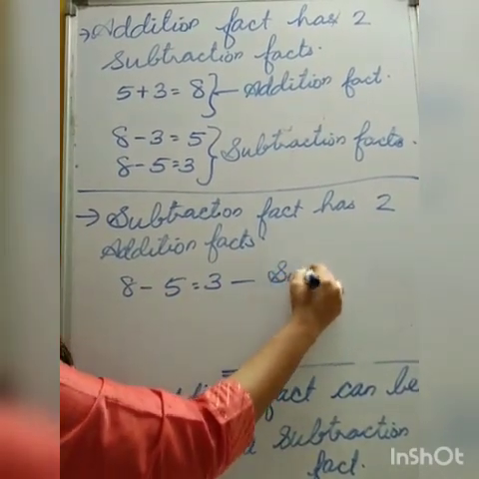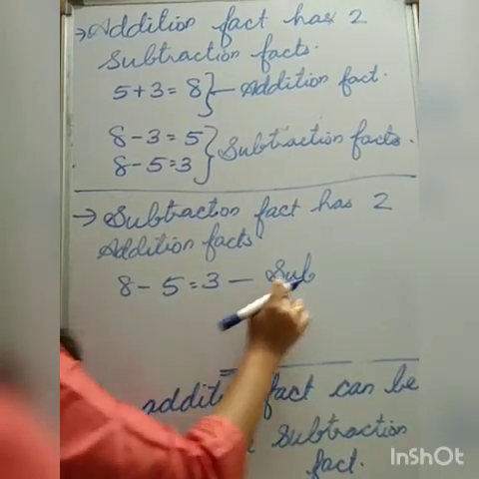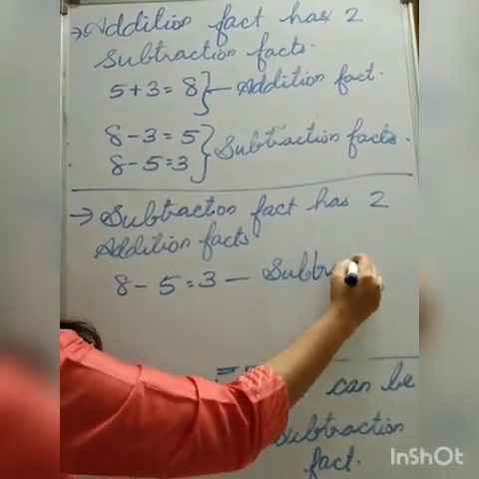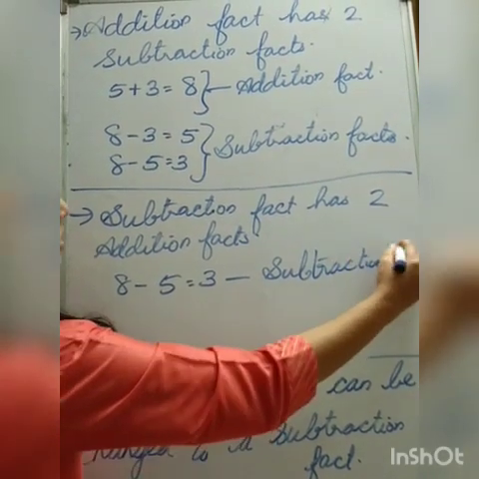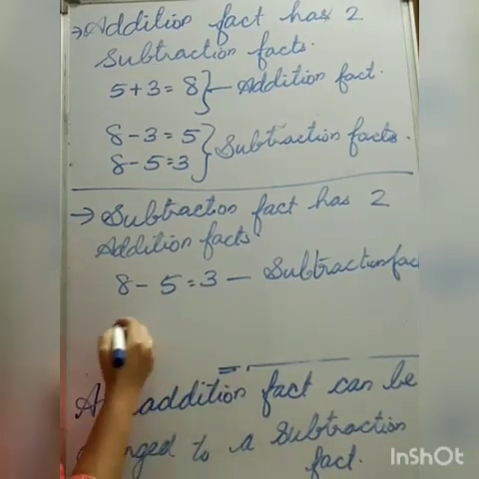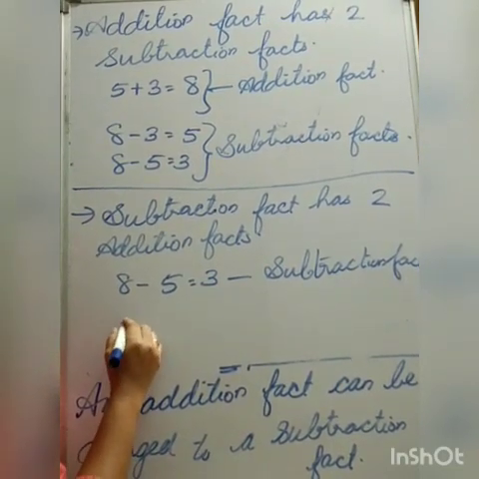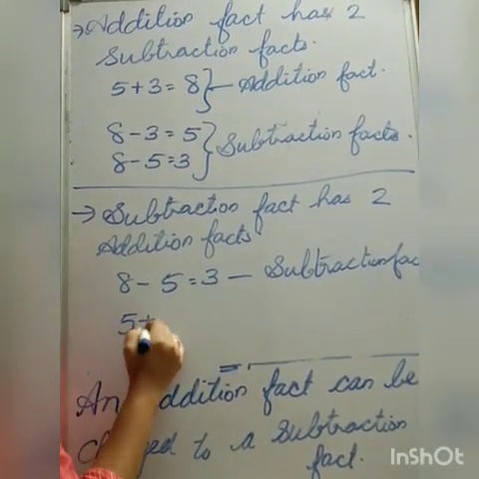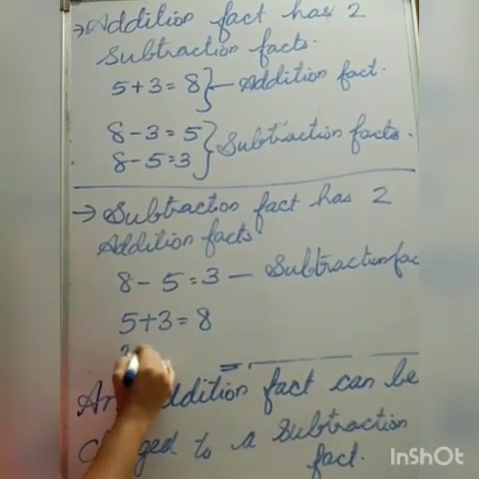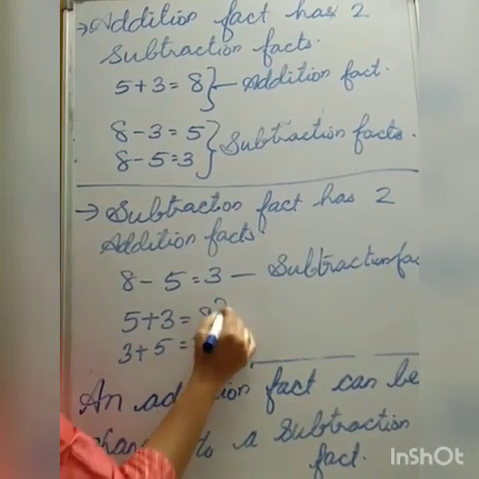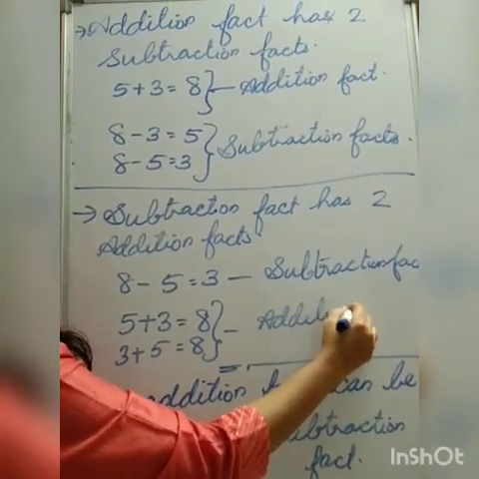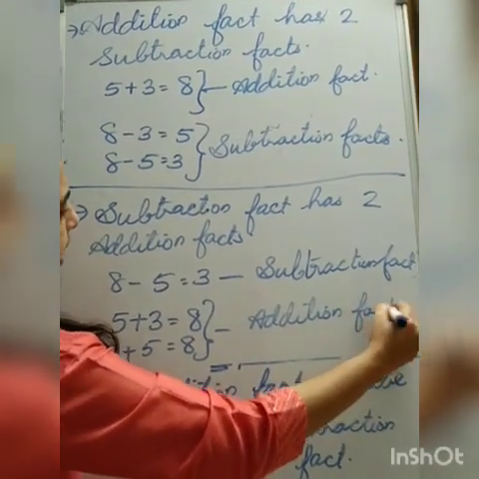What is this? Which is the fact? Subtraction fact. By using this subtraction fact, we can make two addition facts. 5 plus 3 is equal to 8. 3 plus 5 is equal to 8. These are addition facts.